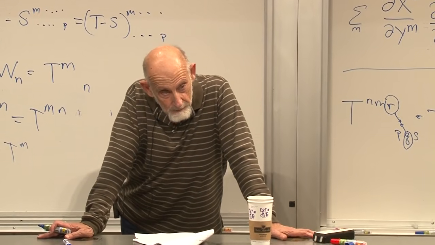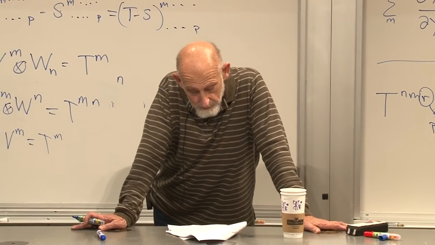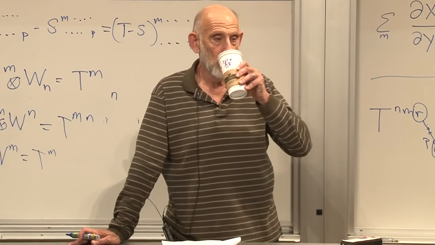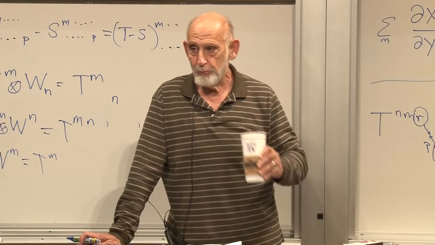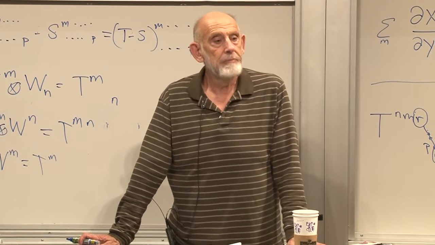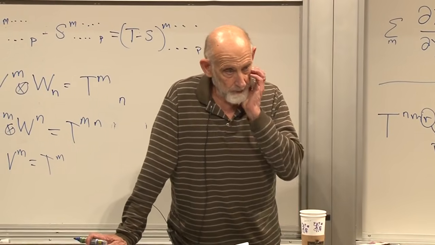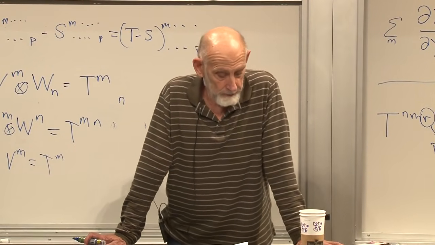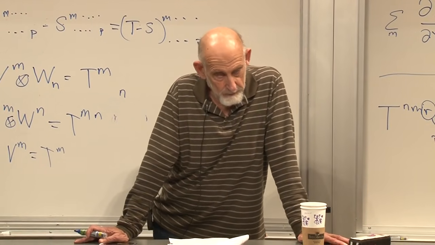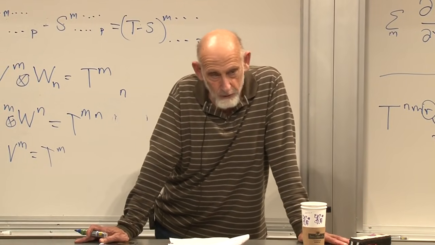Can I ask a question about something that came a while ago? When you mentioned what you said about making the components all zero and pushing everything to one side of the equation, when you can do that, therefore you can write the same equation in any frame. Zero is the same as zero in any frame, yeah.